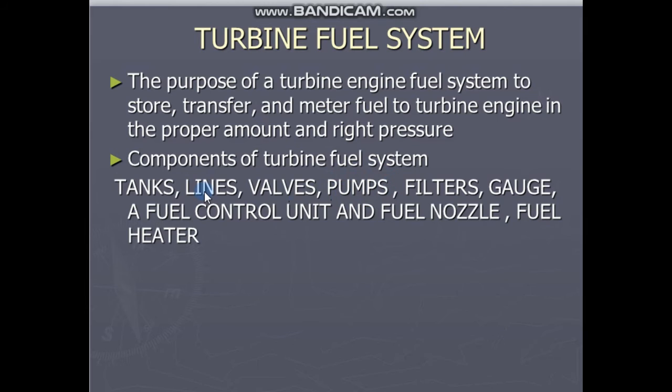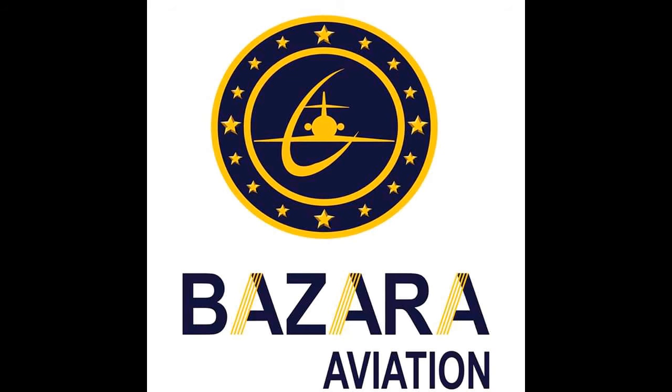The lines and fittings, and also the tanks, are the same as we talked about for the reciprocating engine. So we will talk about the fuel control and fuel nozzle, also the fuel heater, and some additives to the turbine fuel system.